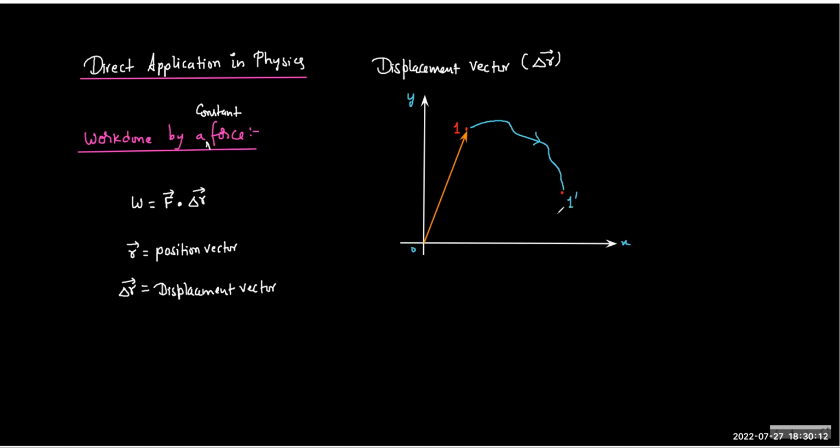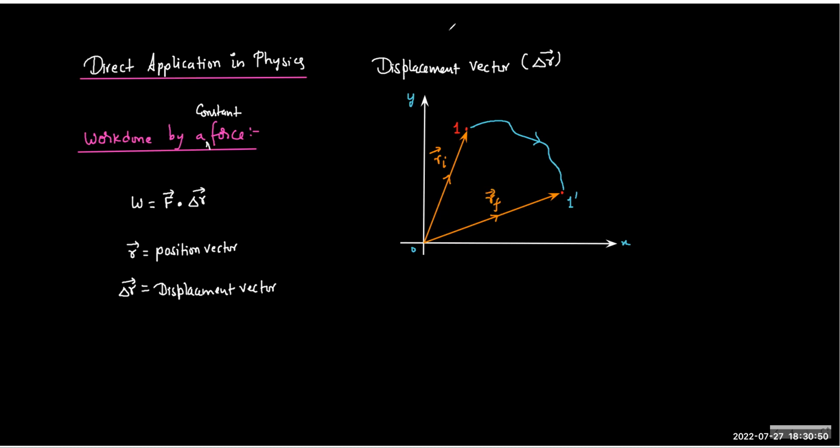Let's say the observer saw you at 1, then he slept for some time, you ran in a jungle and then came to 1 dash. So 1 dash is a new location that the observer will watch, and the new position vector represents your new location. This is called the initial position vector, Ri. This is called the final position vector.